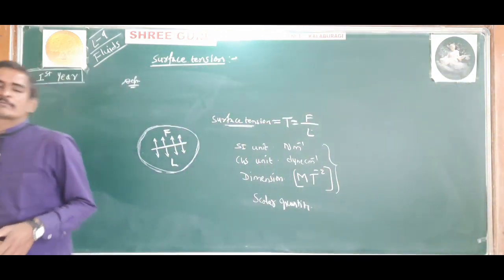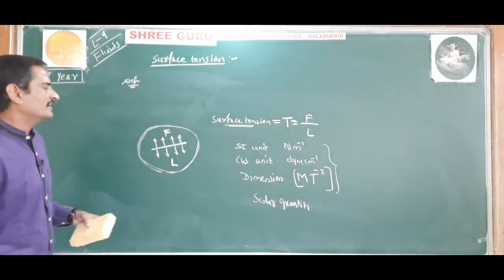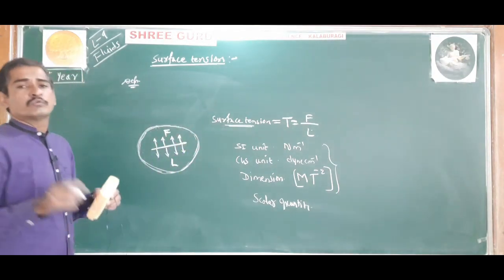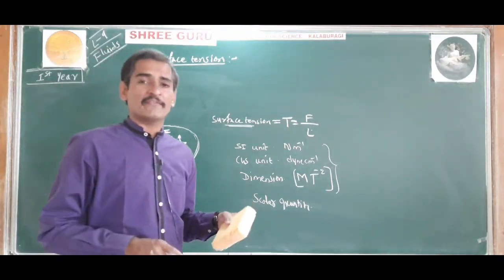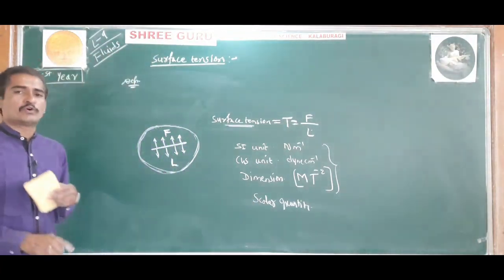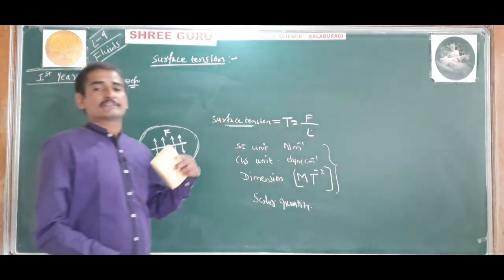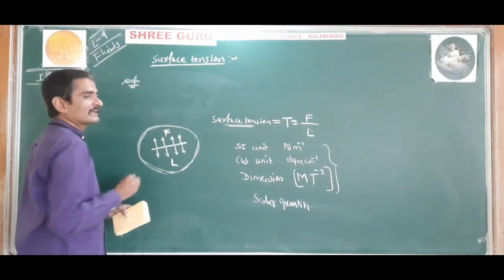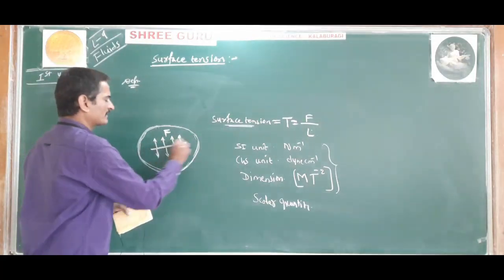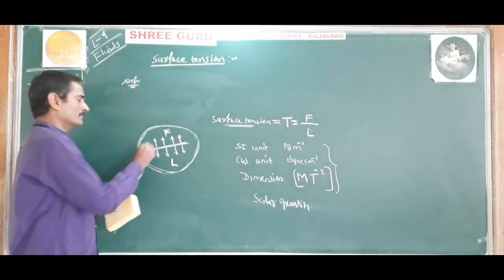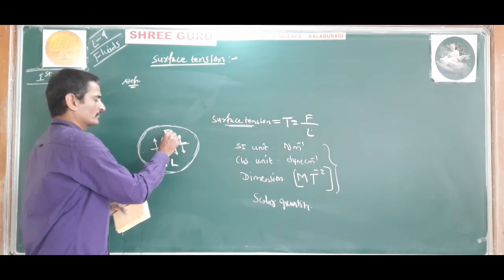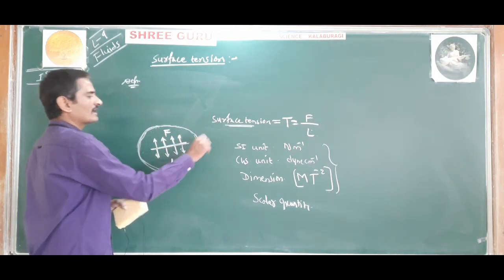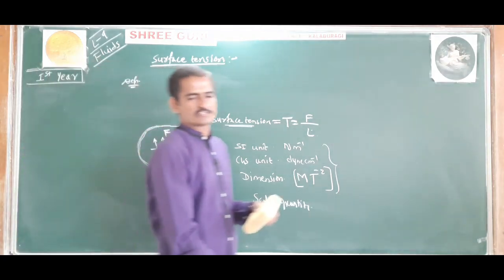This property of the liquid we call surface tension, and it is measured by the force acting per unit length on either side of an imaginary line drawn on the liquid surface. So consider a liquid surface on which an imaginary line is drawn. There will be a cohesive force. Now this force acting per unit length is called surface tension.